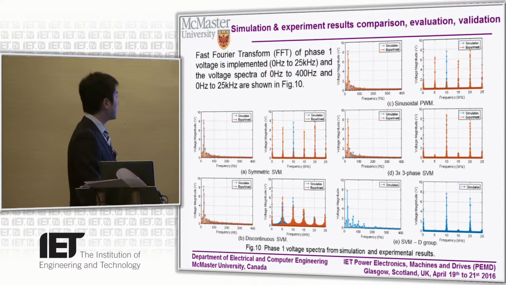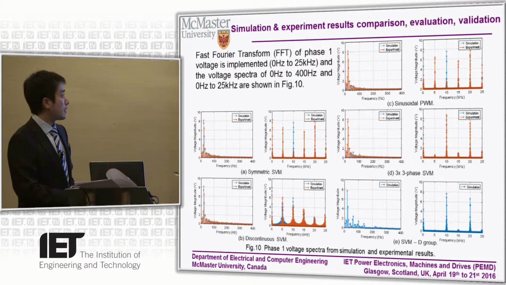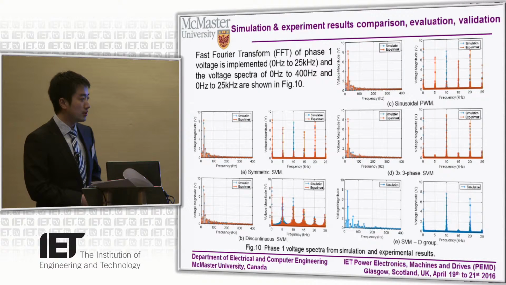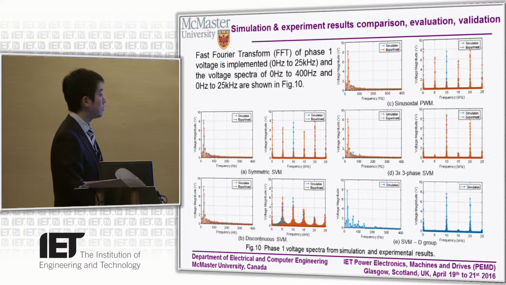Also, we do the fast Fourier transformation to analyze the phase voltage. And we select 2 windows. One is the high frequency range, and the other is the lower frequency range.